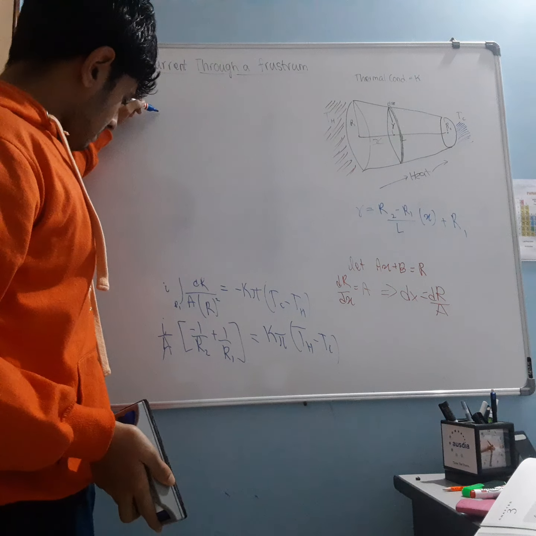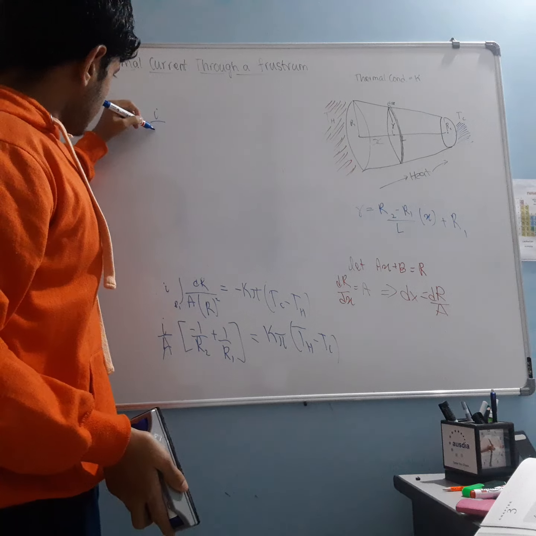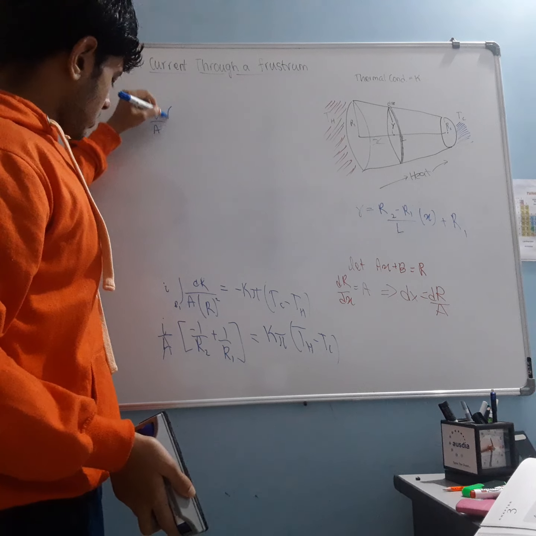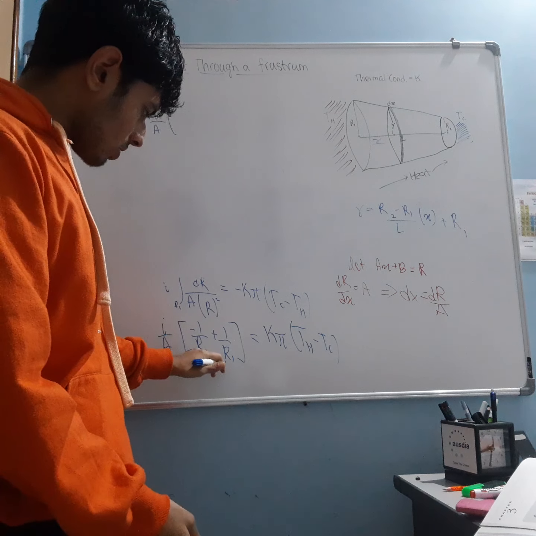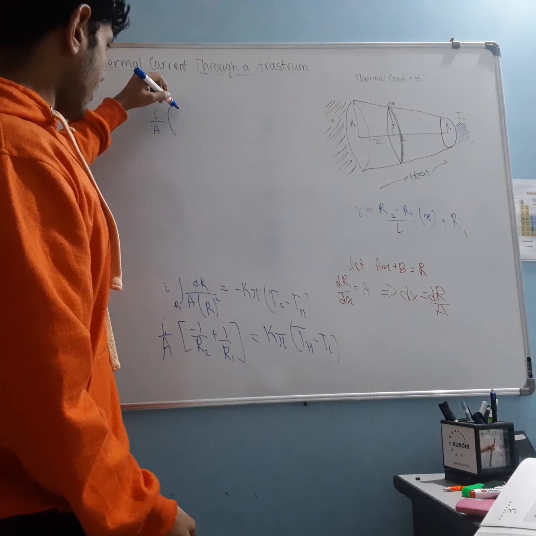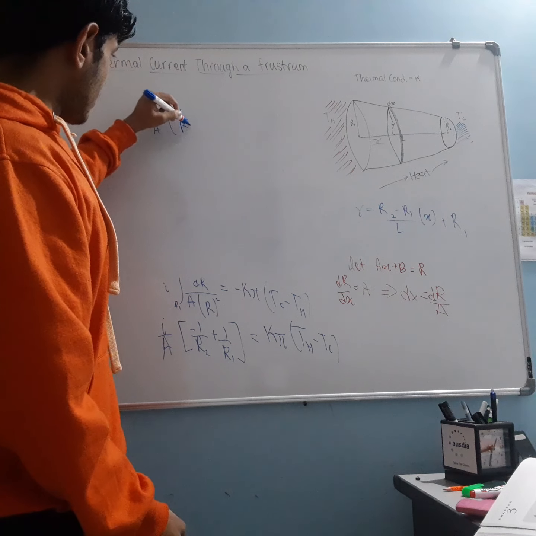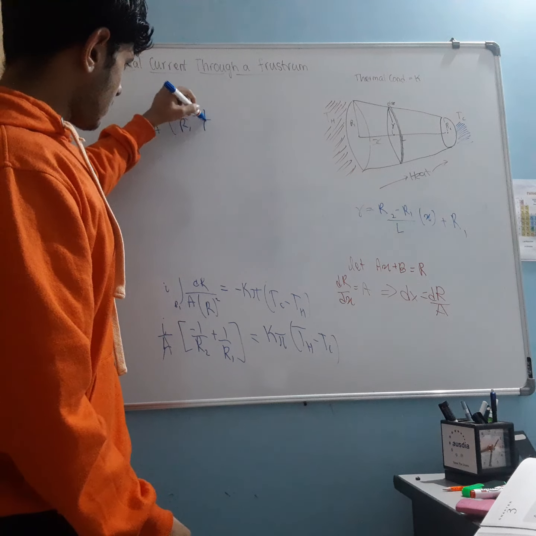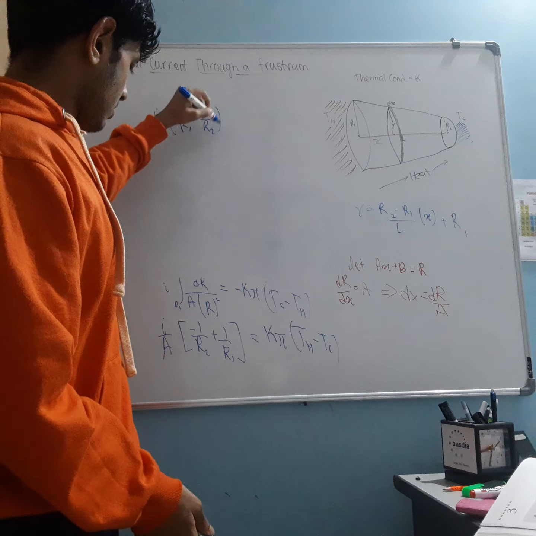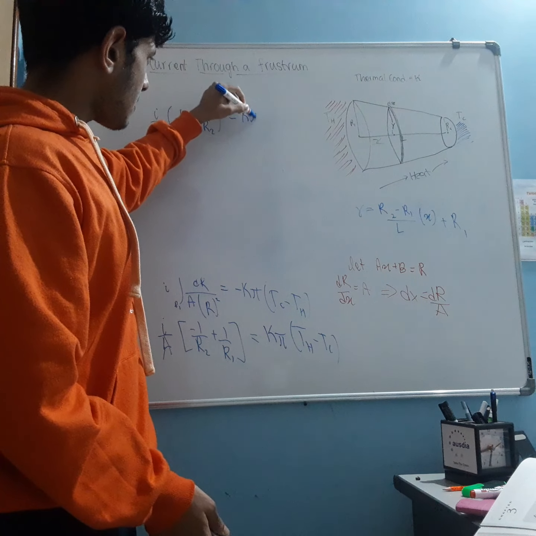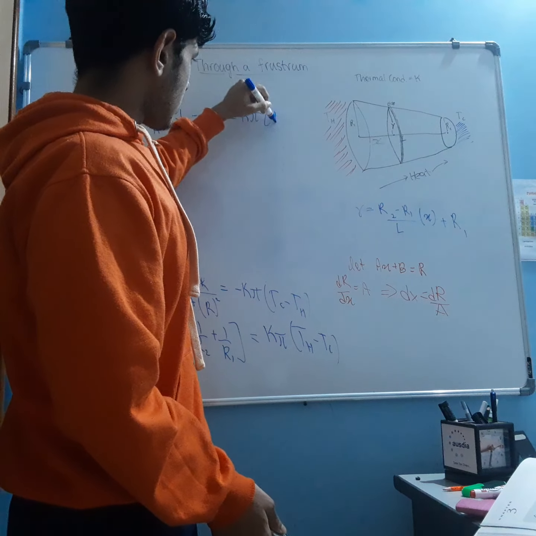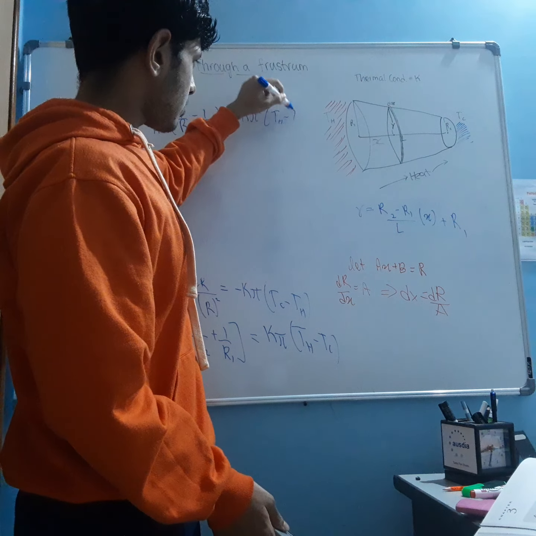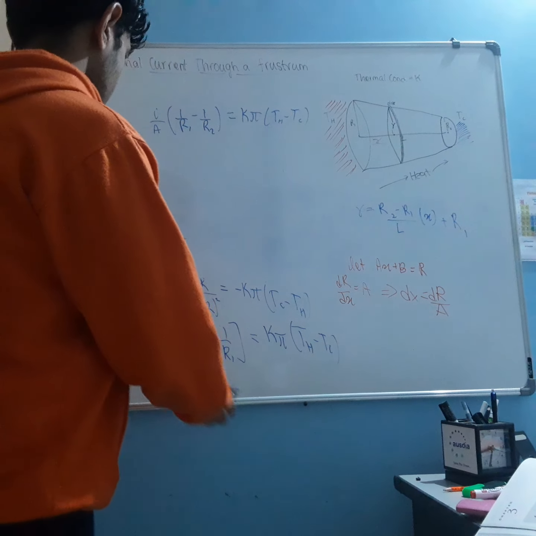Let's write this part: I over a times 1 over R1 minus 1 over R2 equals k pi times temperature hot minus temperature cold.